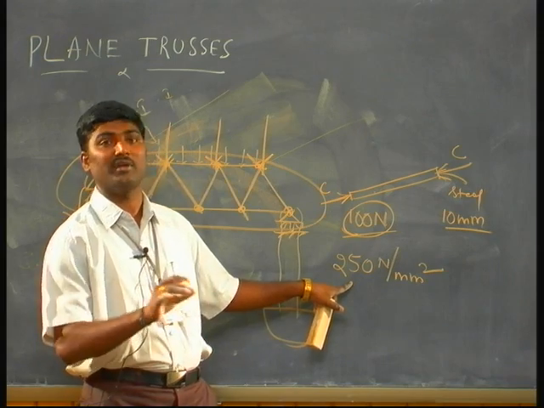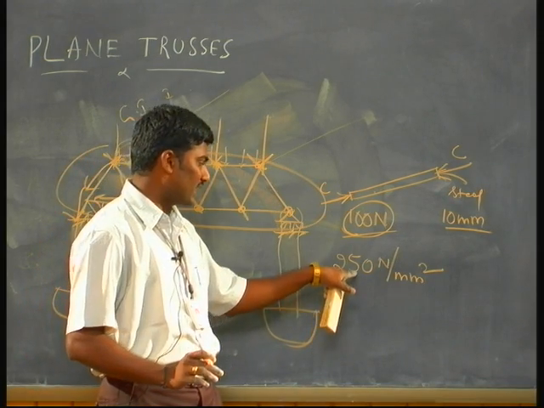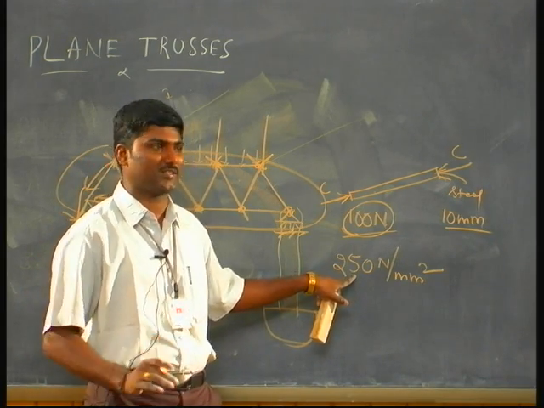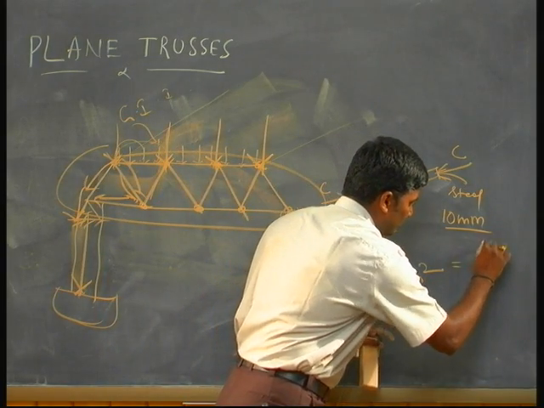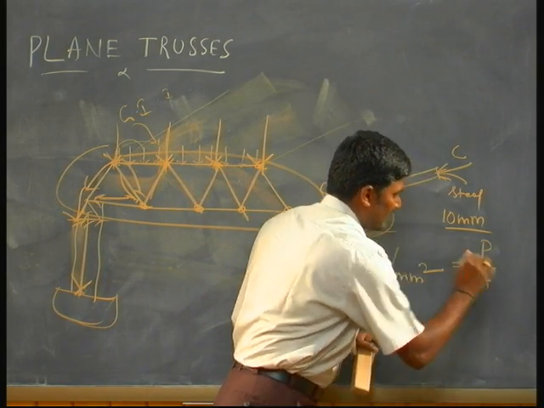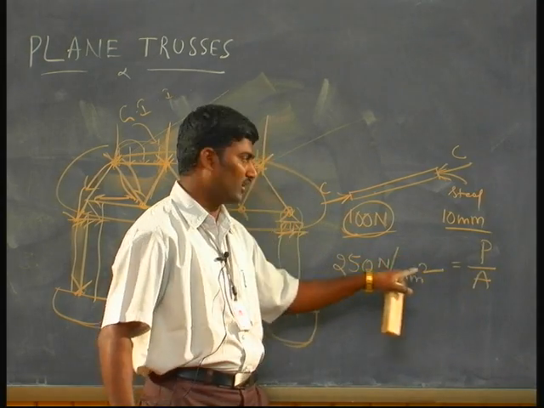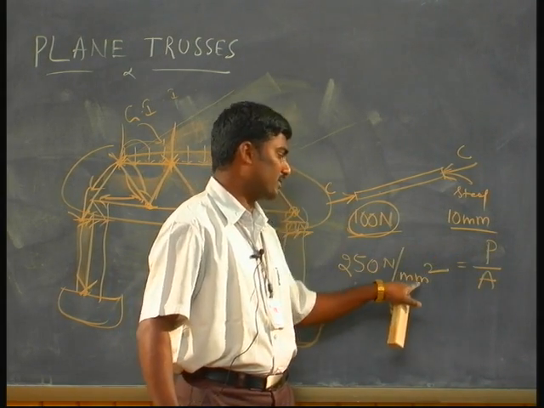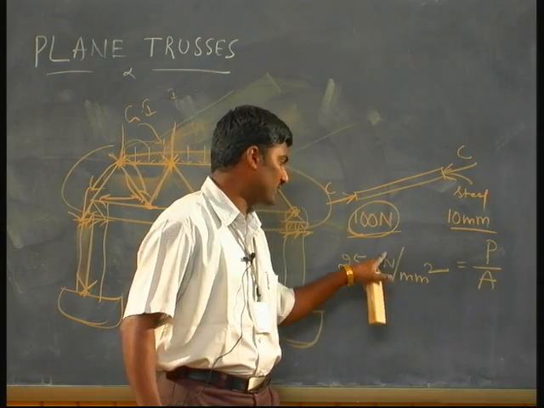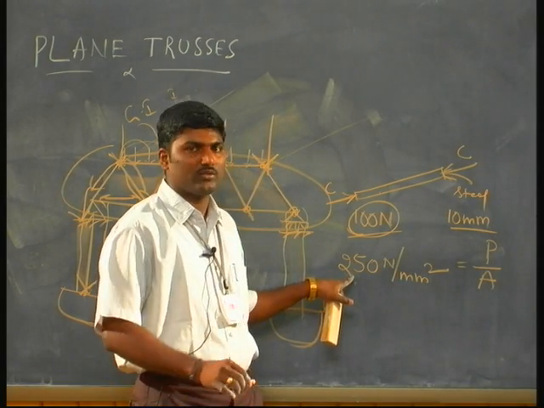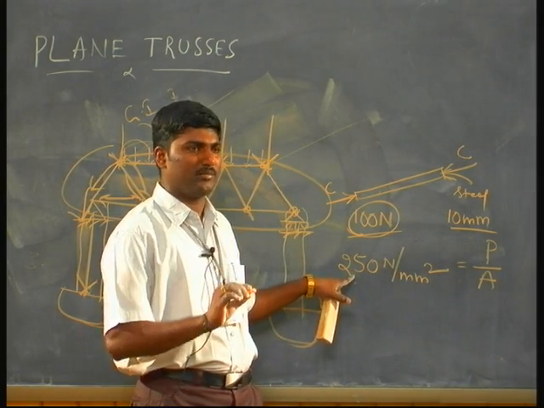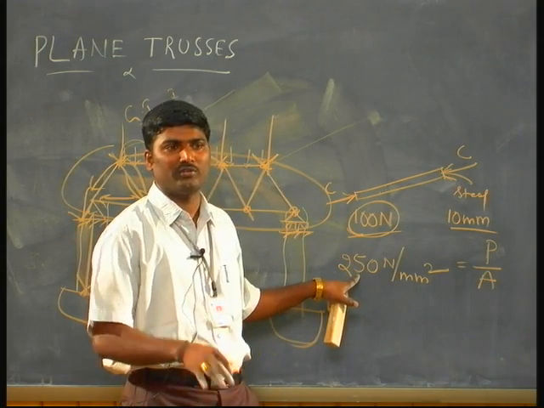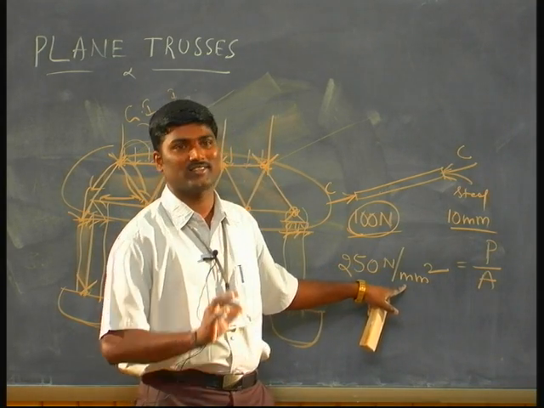Steel material can take this much stress. Stress means force by area. Force by area we call Newton per mm square. So this is the value for steel. A steel material can take only 250 Newton per mm square stress.